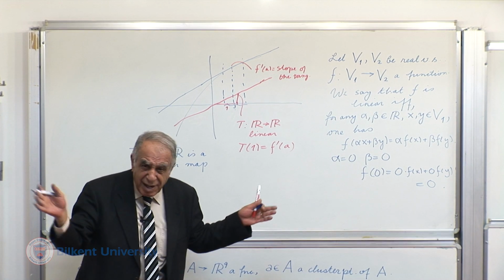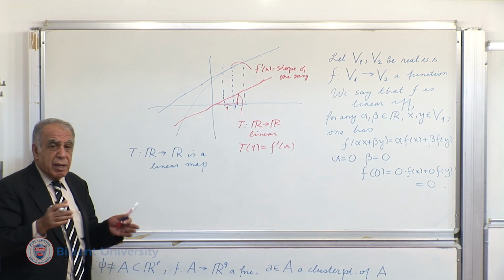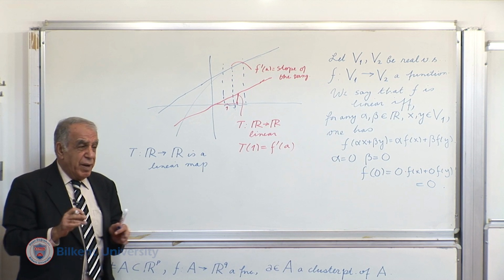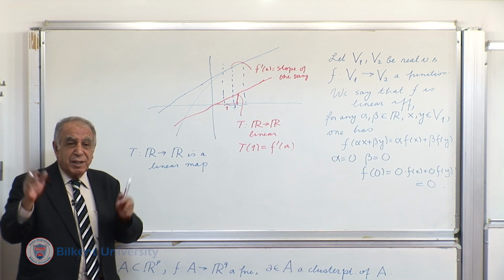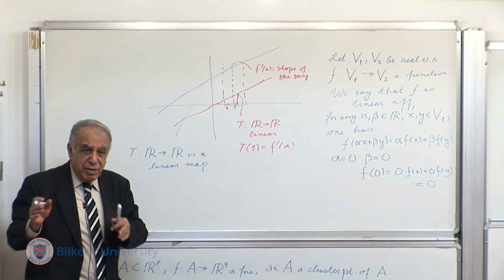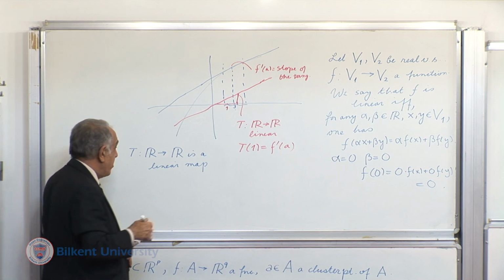They all mean the same thing. There's no distinction between them. It's just something historical. Some kinds of functions we are accustomed to refer to as maps, some as functions, some as transformations, some as operators, and so on. They all mean the same thing.